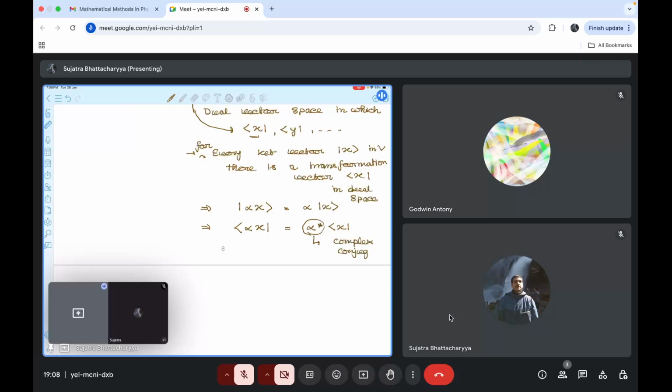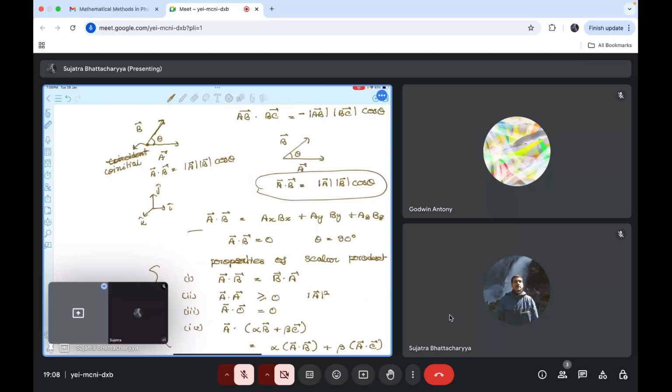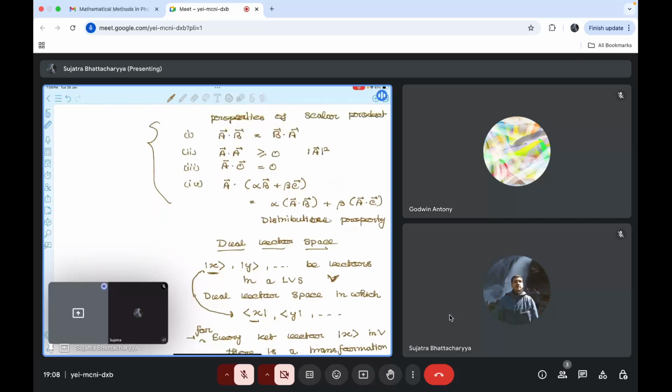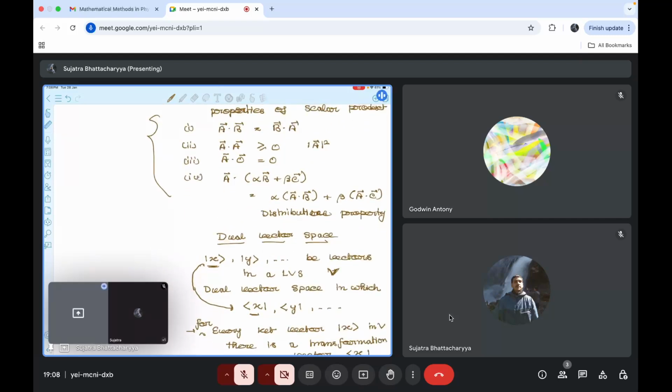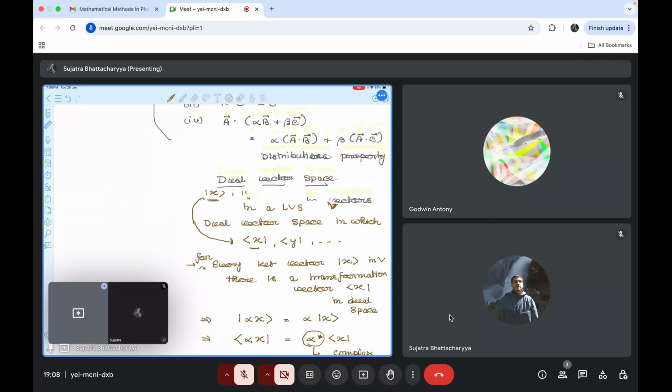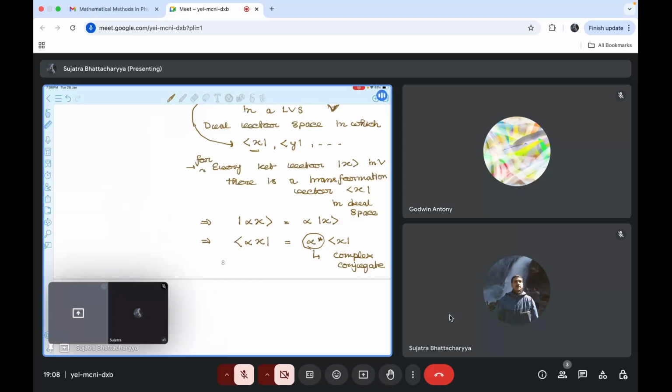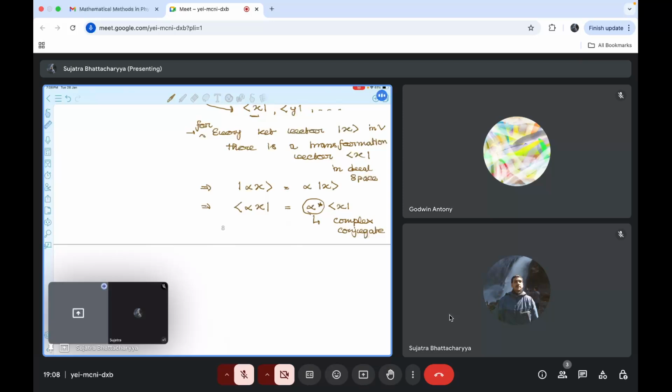See, when it is a real quantity, you don't need an inner product. You can go ahead with the dot products. With all these real quantities, you can go ahead with the dot product. So the inner product is nothing but a dot product, but it is a more generalized way where you can include both the real as well as complex space elements. So this is the complex conjugate of this scalar quantity.